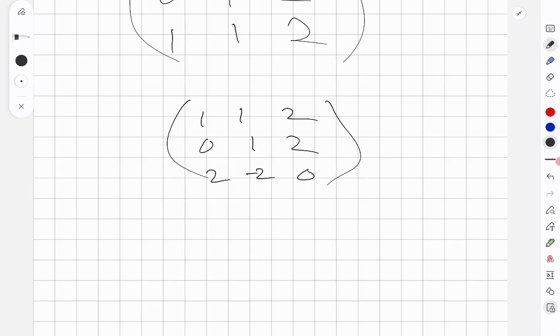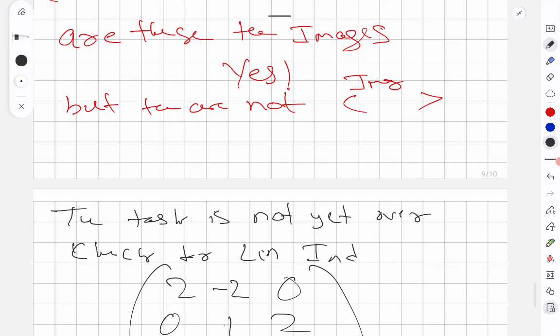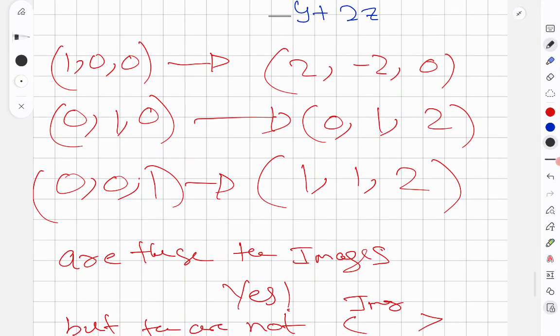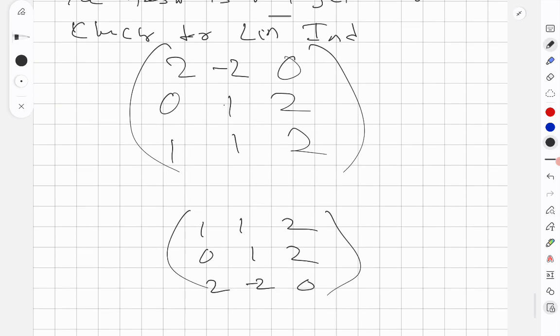We are doing something else here. We are just verifying whether our images are linearly independent or not. We already got our images, but we have to check whether they are linearly independent. So I'm using this row echelon method to check. Here I'm not solving any equation or finding the associated matrix. Those are different things.